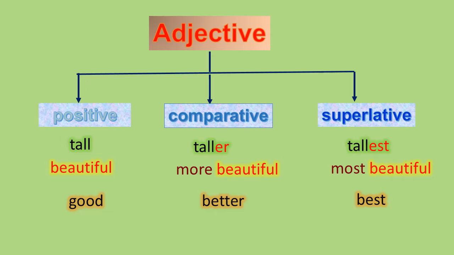Here the example, you can see beautiful, more beautiful, most beautiful. As usual, the rules can't be applied everywhere in the same manner. Here too, there are some exceptions. There are some words that change differently in comparative and superlative forms. For example, here you can see the word good. Comparative form better, superlative form is best.